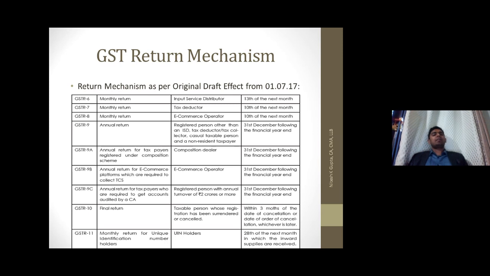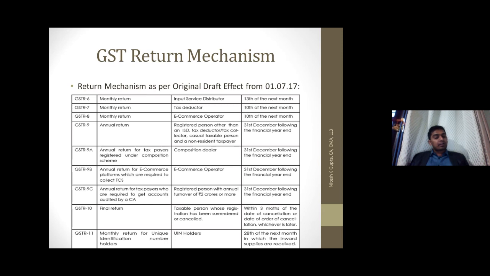GSTR 6 is a return for an input service distributor. GSTR 7 is a return of a tax deductor. GSTR 8 is a return for an e-commerce operator. GSTR 9 is an annual return for a regular registered taxpayer. GSTR 9A is an annual return for a composition registered taxpayer. 9B is an annual return for an e-commerce operator. 9C is an annual return for a registered person whose turnover is more than 2 crore.